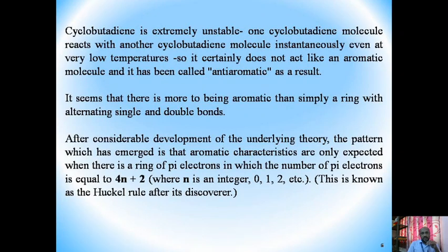Cyclobutadiene is extremely unstable. One cyclobutadiene molecule reacts with another cyclobutadiene molecule instantly, even at very low temperature. So it certainly does not act like an aromatic molecule, and it has been called anti-aromatic as a result.